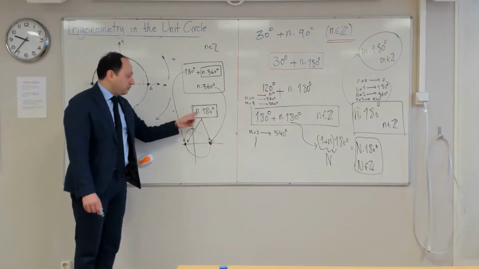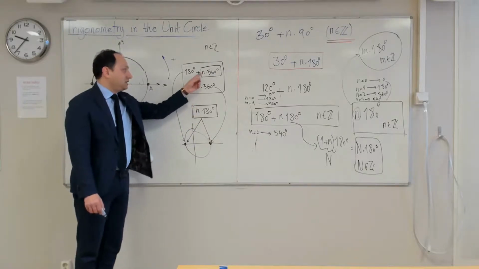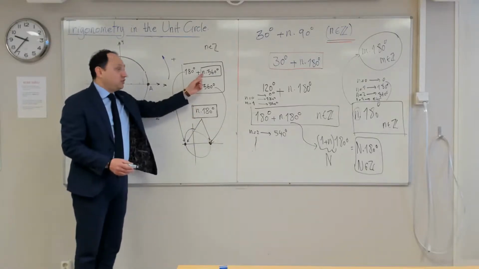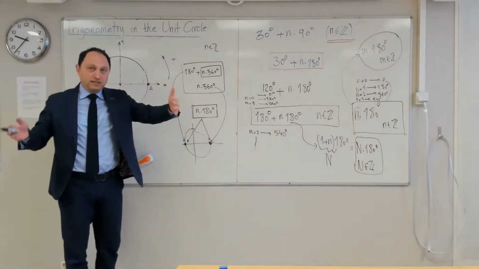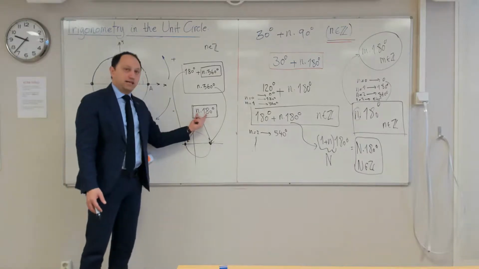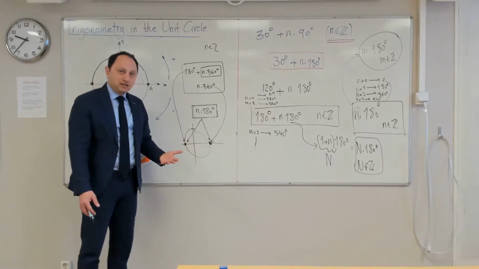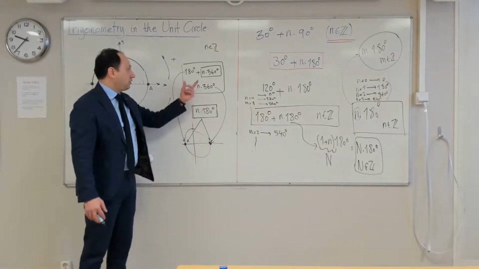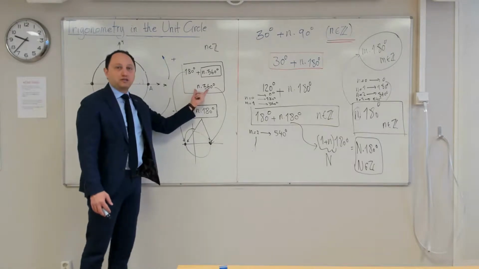The n that the book uses here is not the same n that I use here and there. But there is no one single number for n. There is an infinitely long list for n. So it means that if you use all the n's, what you will generate at the end is the union of the angles generated from here and the angles generated from here.